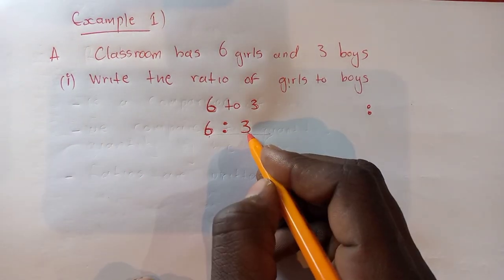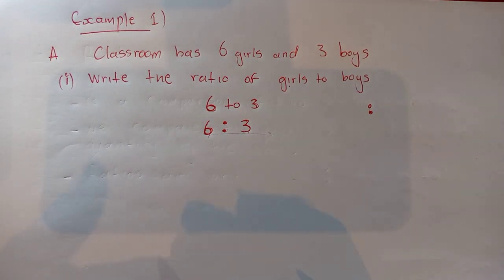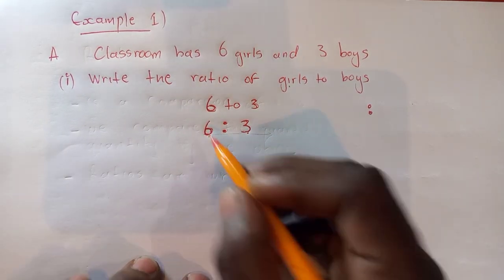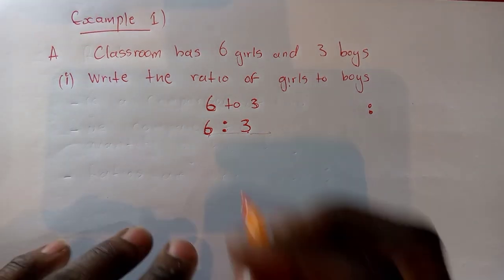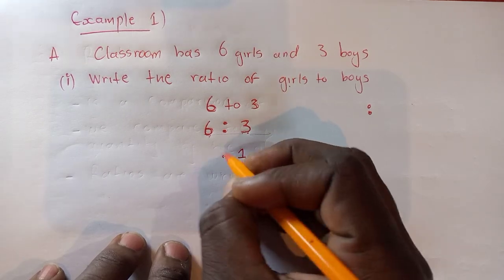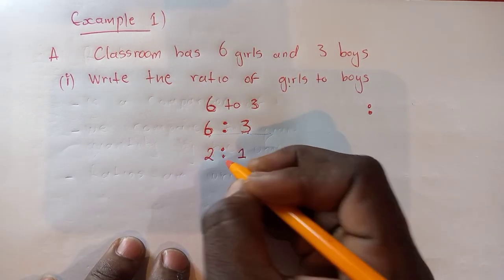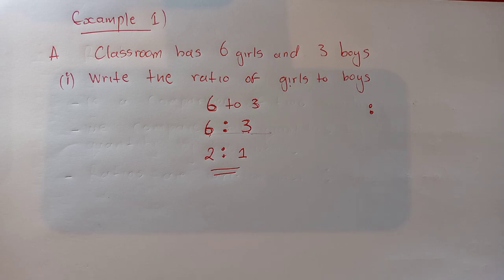So 3 into 3 is 1, then 3 into 6 is 2. So the ratio of girls to boys is 2 to 1.